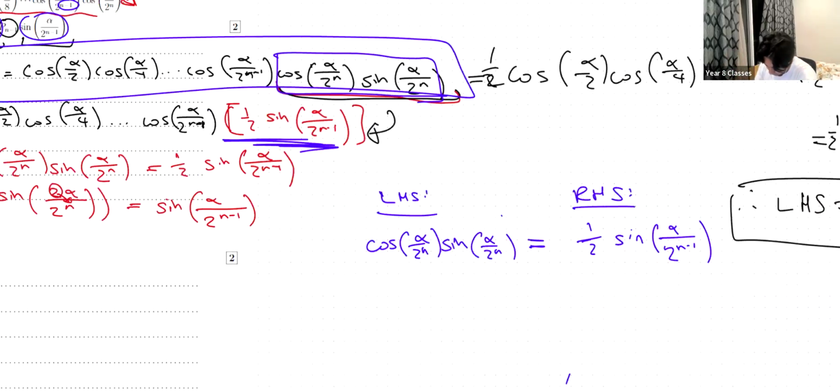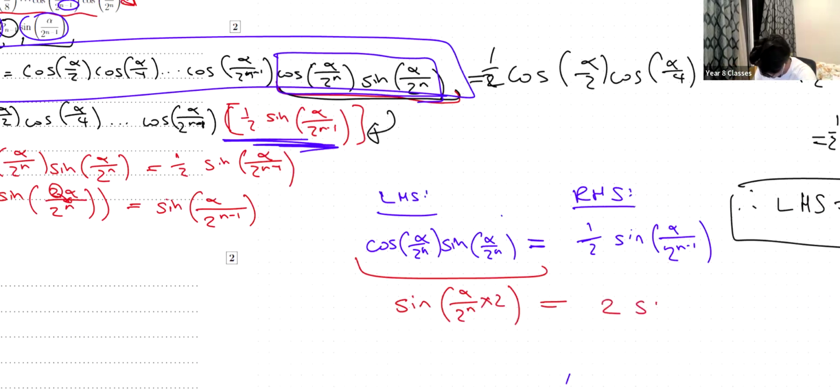So my approach of doing that was to recognize that this looks like essentially a sine double angle. So like sine alpha on 2n times 2, because that would be 2 sine alpha on 2n cos alpha on 2n. So just the general sine 2 theta expansion.